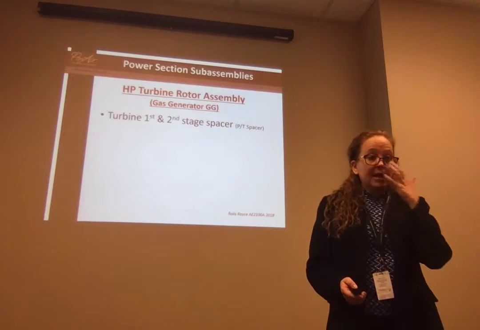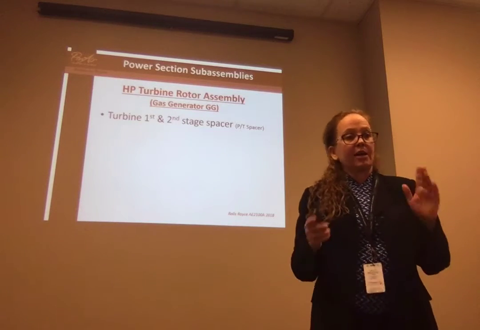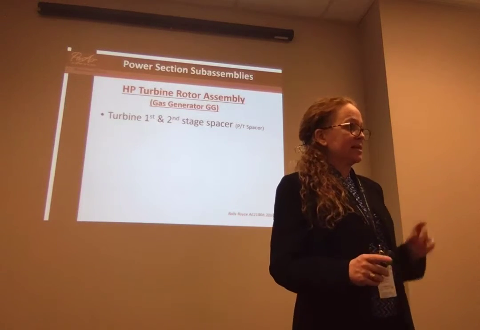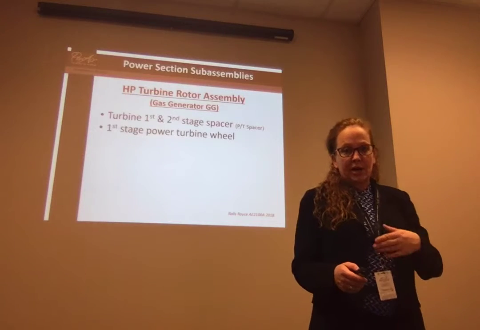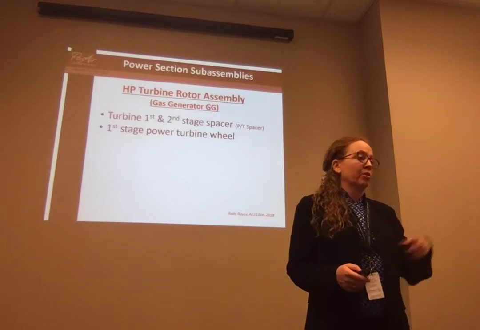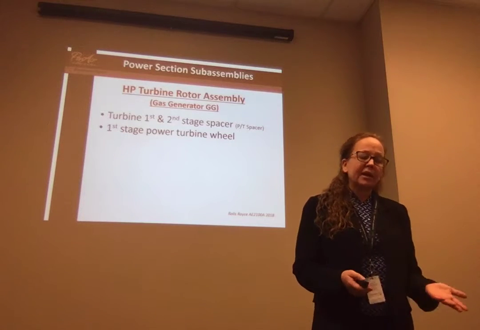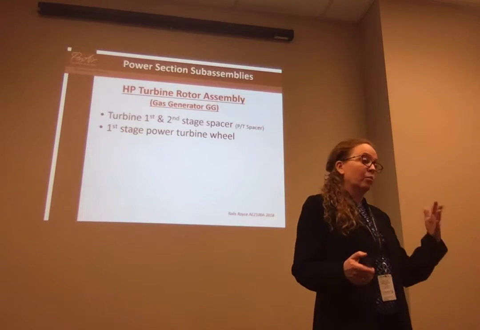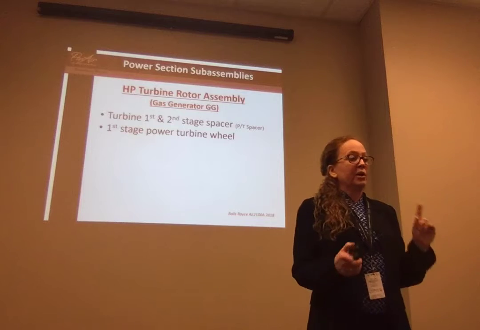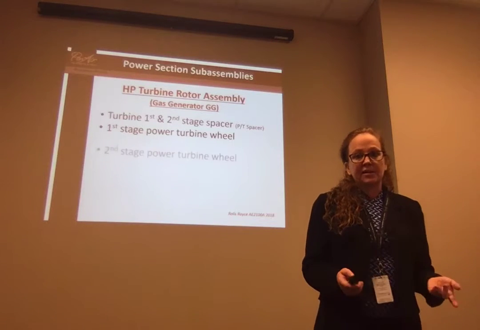And then you've got your HP or your GG, your gas generator. The gas generator has 3 things that we track. We track a spacer between the first and second stage, and then we track the first wheel or rotor, which, depending on which logbook you're looking at, the terminology could be wheel, could be rotor, but know that it's one and the same. And then the second.